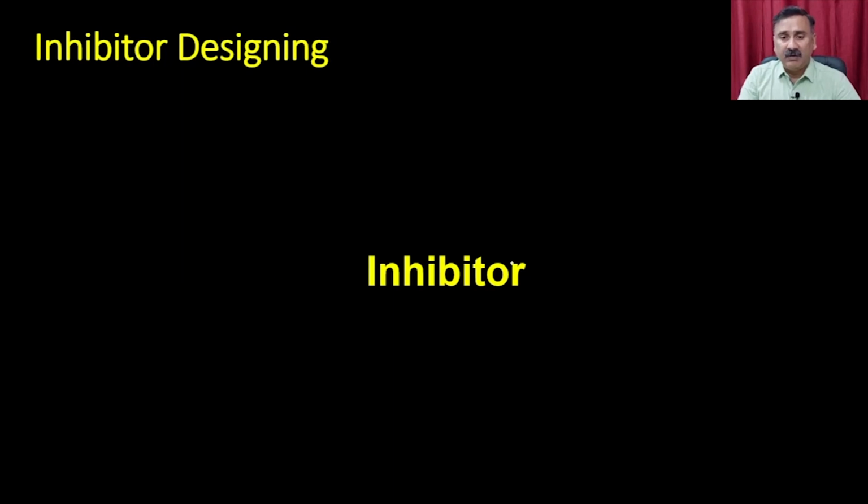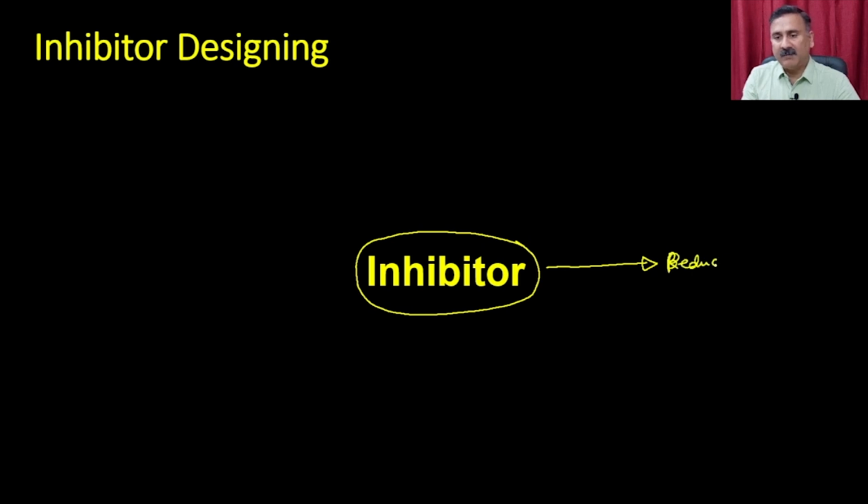An inhibitor is going to be a chemical molecule. It can be from natural sources or from synthetic sources. The first thing that is important about an inhibitor is that it is going to block or reduce the enzyme activity.